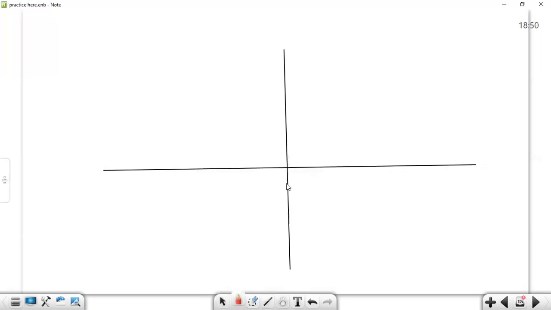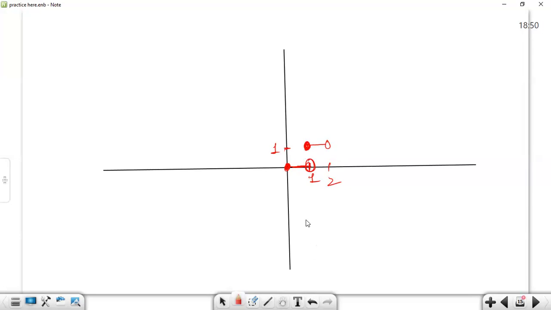So the graph will be somewhat like this. There's one here, and there's one here, where one is not included, and one is included here. There's two here. So it means that for one, the greatest integer function is going to become one.